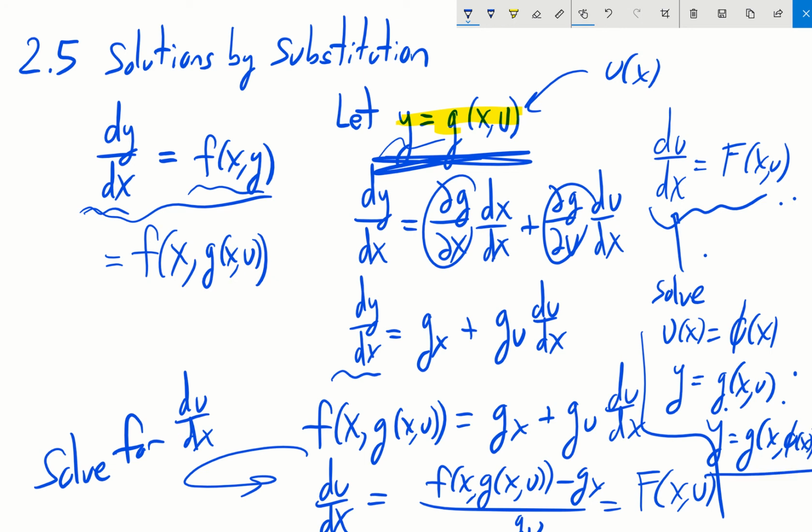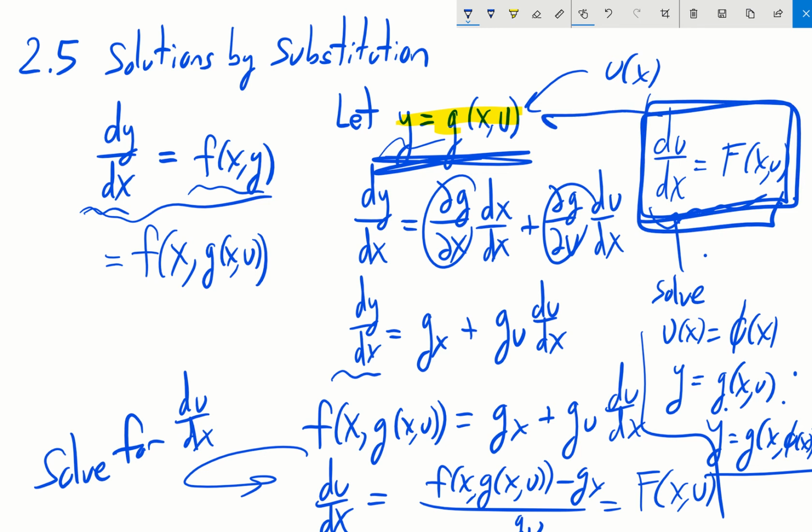This is going to be the basis for how our substitutions are going to work. We're going to try to do this kind of substitution, and we'll look at it in a couple of different specific scenarios where the substitution actually will work. It will present us with a differential equation that we can solve in terms of the variable u, and then that'll give us a solution to our original starting ODE.